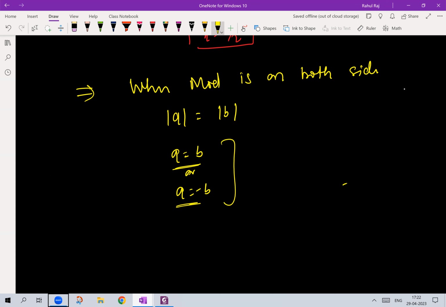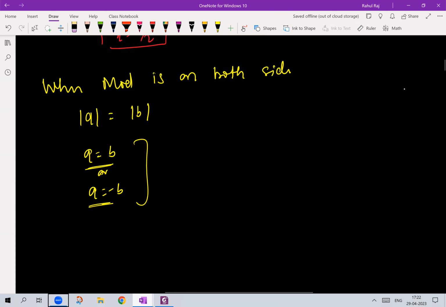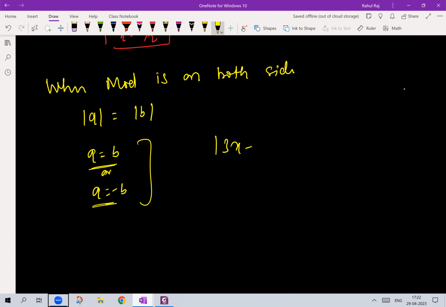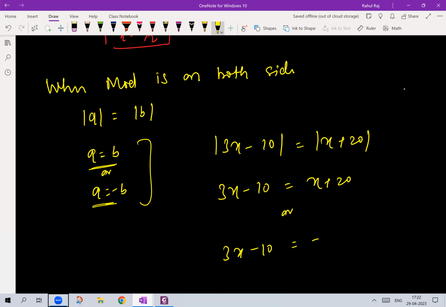You don't have to check the validity. Imagine if I give you a simple question, mod of 3x minus 10 is equal to mod of x plus 20. If you have to solve this equation, how do you solve? You just solve 3x minus 10 is equal to x plus 20 or 3x minus 10 is equal to negative of x plus 20.